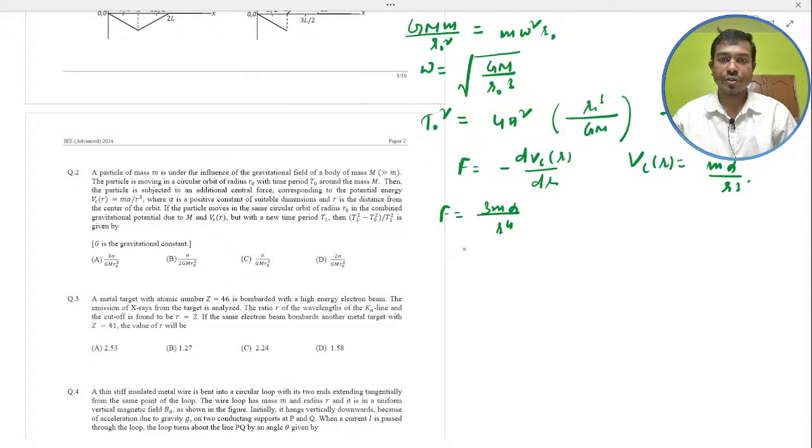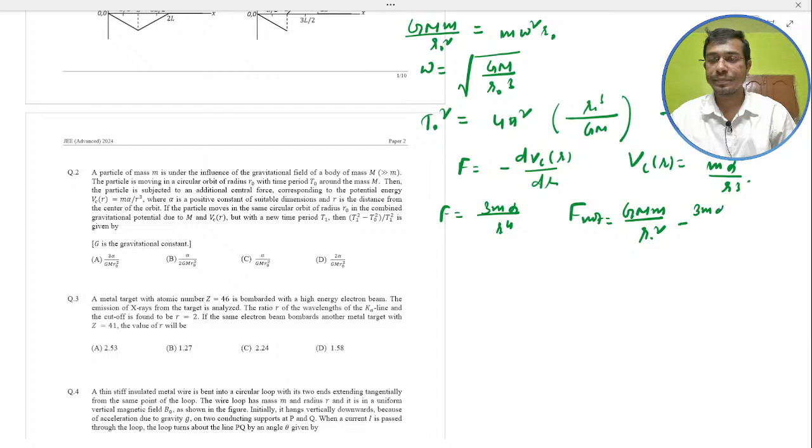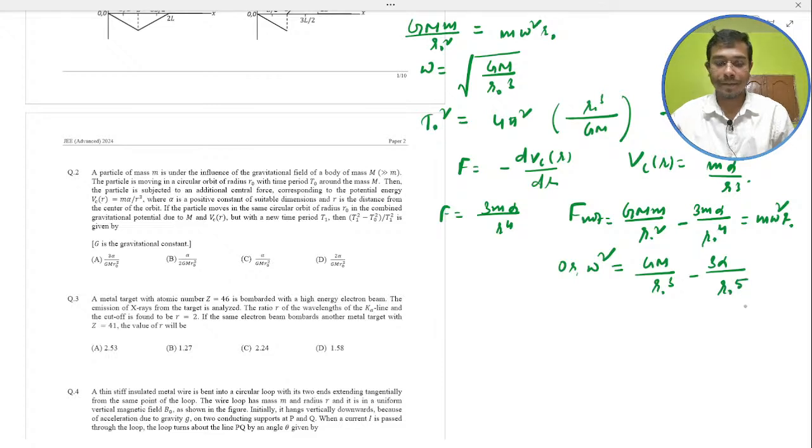So the net force: GMm/r0² minus this force 3mα/r0⁴ is equal to what? mω²r0. This is the net force. Calculate, and you would get the value of ω² as GM/r0³ minus 3α/r0⁵.